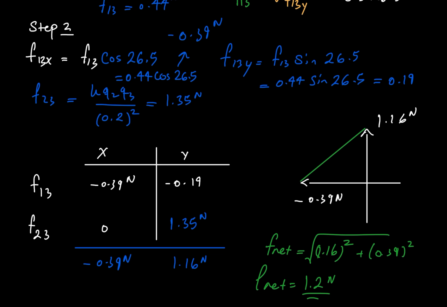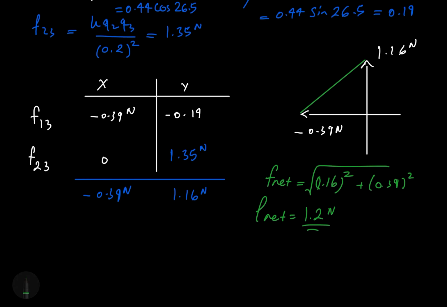And if the question asks you for the actual angle, you're going to use tangent. Tangent of theta, theta is over here by the way, is going to be the opposite side, which is 1.16, divided by the adjacent, which is 0.39.